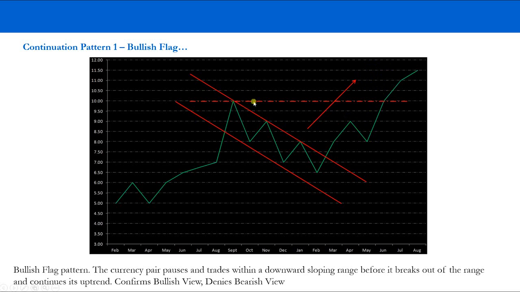Also, if we're in this position here and it's breaking out through the previous high of the channel, we'd be better off waiting for higher prices. So this continuation pattern, as we see it, depending on where we are in the moment in time, generally confirms bullish views and denies bearish views.